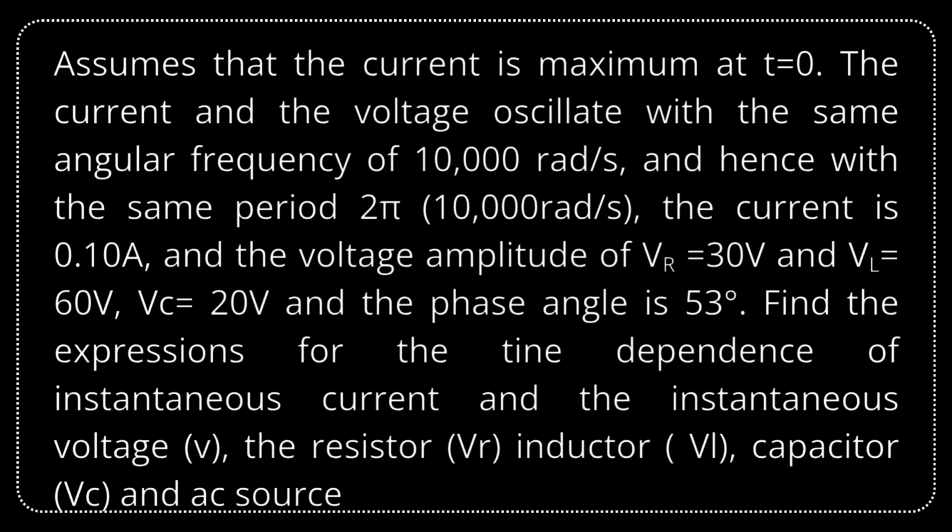The current is 0.10 amps, the voltage amplitude of VR is 30 volts, VL is equal to 60 volts, VC is equal to 20 volts, and the phase angle is 53 degrees. Find the expression for the time dependence of the instantaneous current and the instantaneous voltage across the resistor, inductor, and capacitor in the AC circuit.